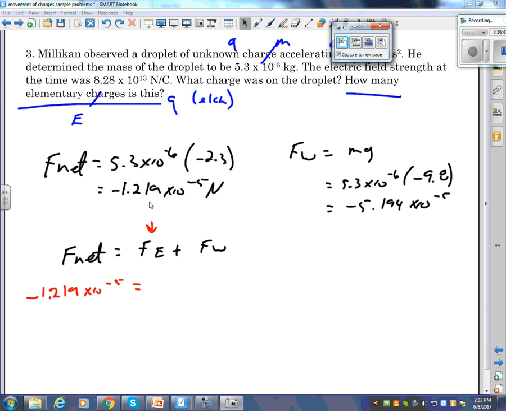Yeah, it's equal to MA, I didn't write that, did I? That's right. F net equals MA and F net equals add up all the forces. I'm only gonna have one that's missing here. Watch this. I'm gonna solve for FE, and the FW is gonna be plus negative 5.194 times 10 to the minus 5.